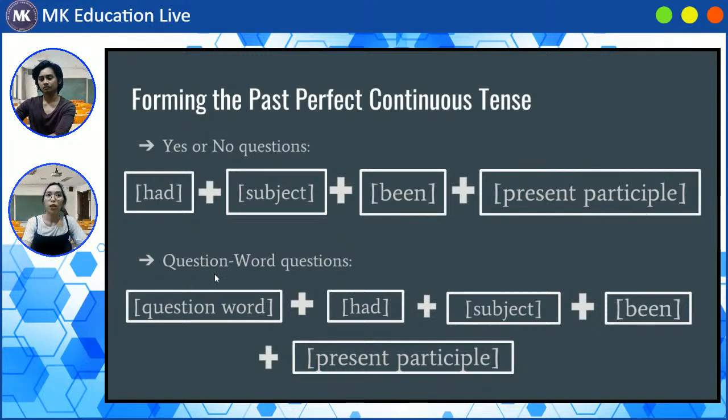Now for question word questions, as my partner mentioned: what, where, why, when, how, and so on. We have the question word first, plus had, plus subject, plus been, plus the present participle. So it's very long. There are lots of pluses right there. Okay, so that is for your question word questions.